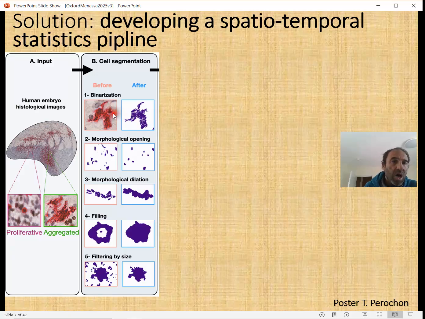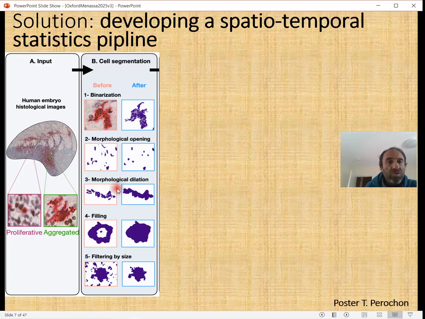That is to go from the cell to create a structure that can remove, for example, elements that are too small. This is what you can see on the left column before, and this is after this morphological opening where you remove little small elements.